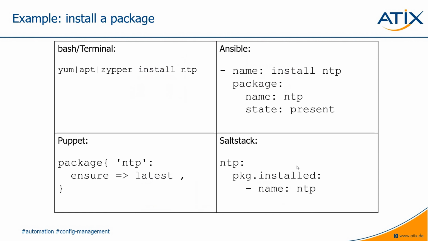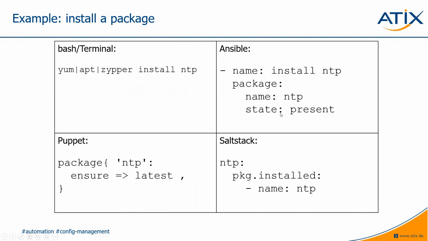And if I use one of those configuration management tools, they have a resource or a module which is named package. In Ansible, there's a module named package, and I have a task, and my task has a name to identify what is done, and the module itself has several parameters. The most simple one is the name of the package I want to install, and this can also be a list, and the state I want to have this package in.